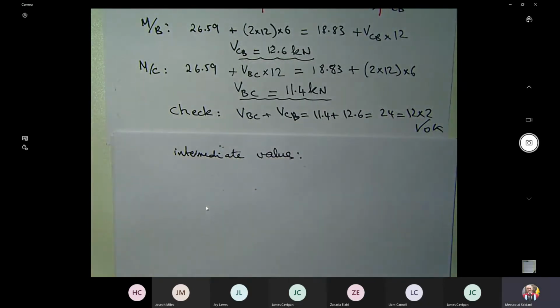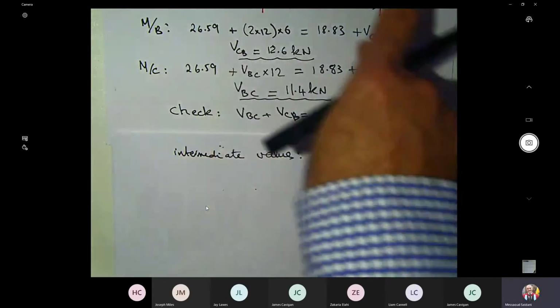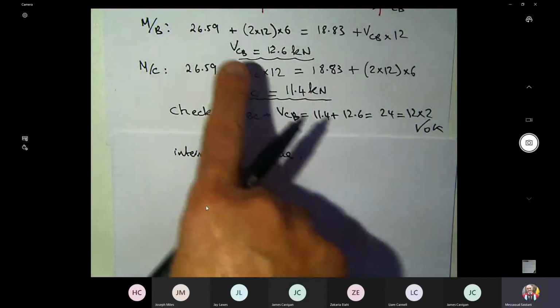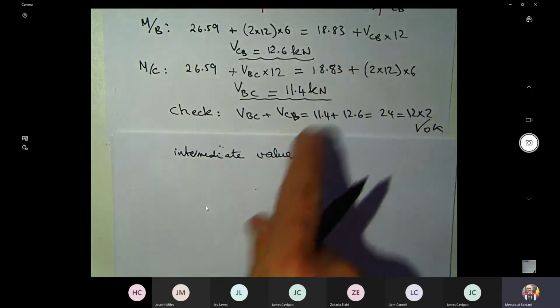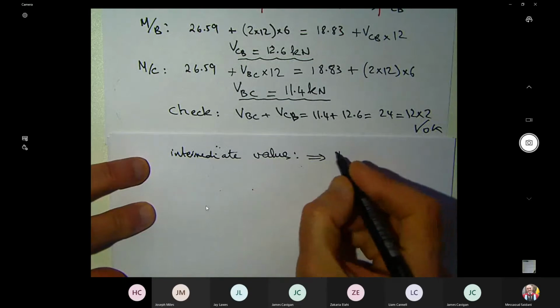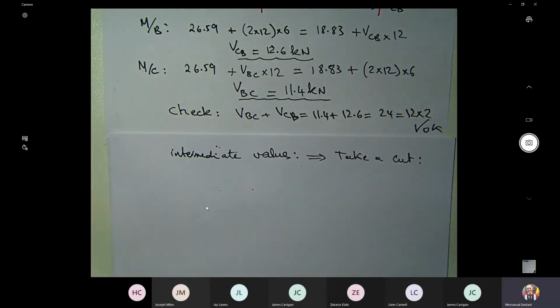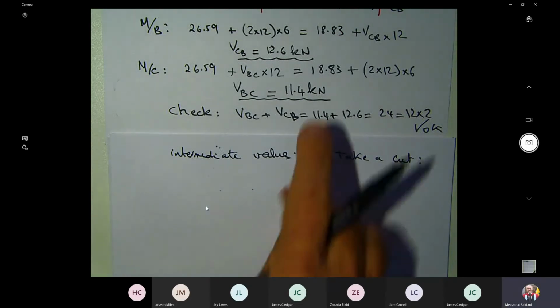So intermediate values. In order to determine the intermediate values, what do we need to do here? Again, take a section, take a cut. So I'm going to take a cut here.